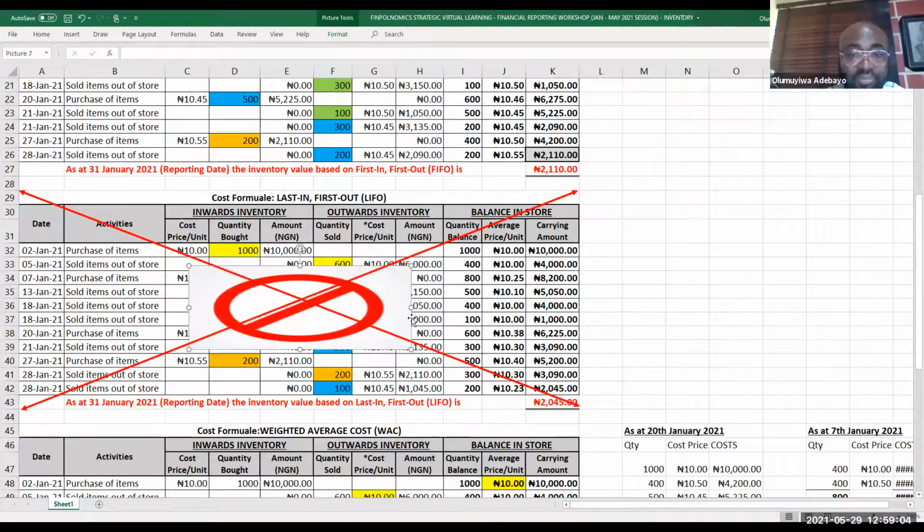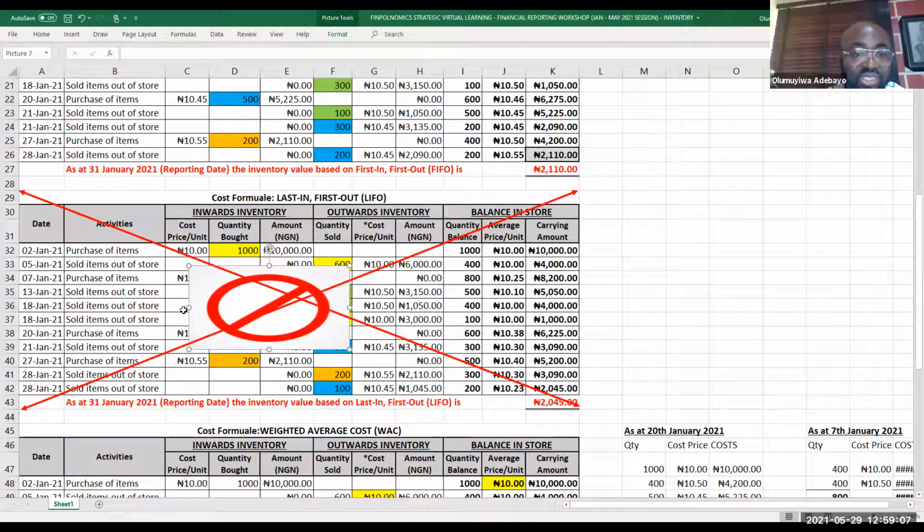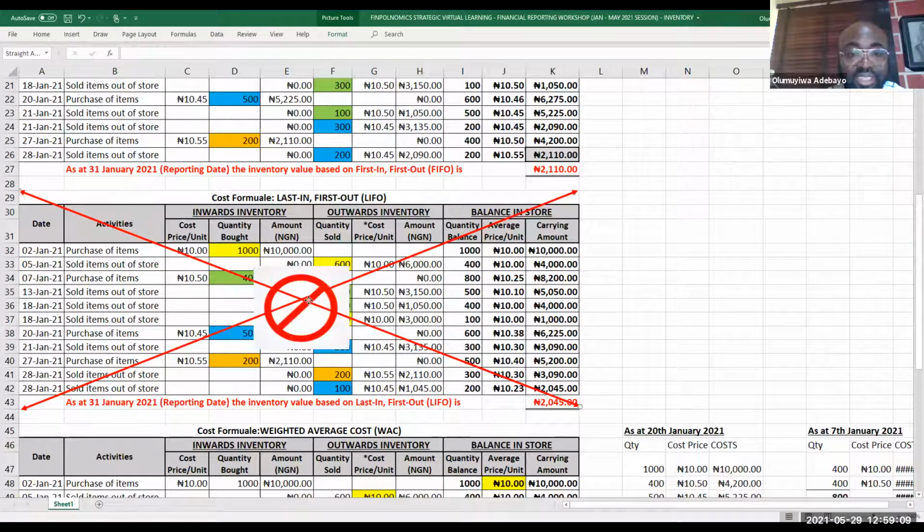Any other question? We have auditors inside this session. Do you want to give us further guidance? We have auditors. Our auditors are not talking today.